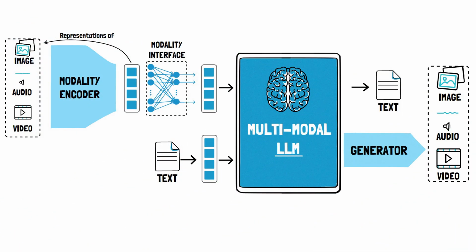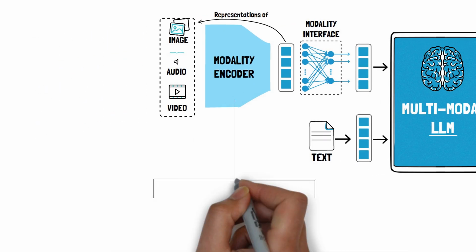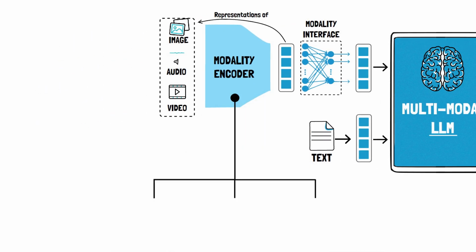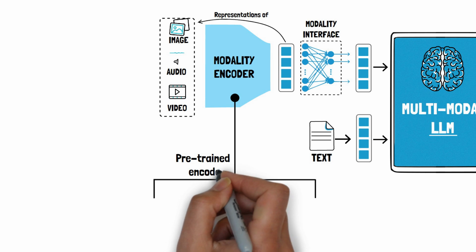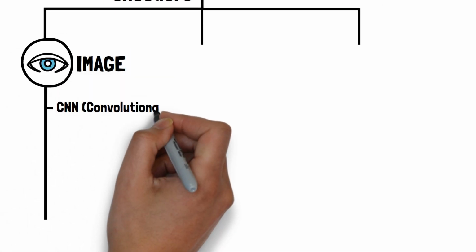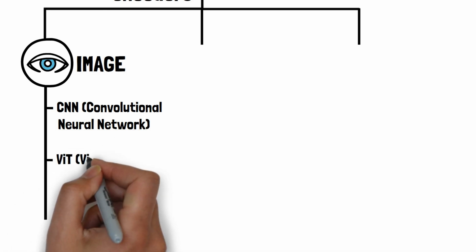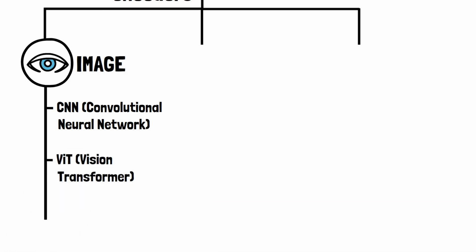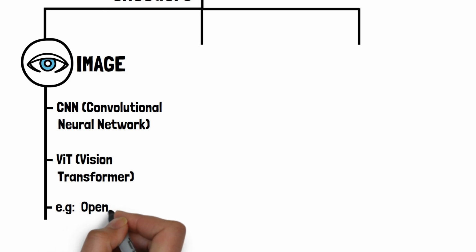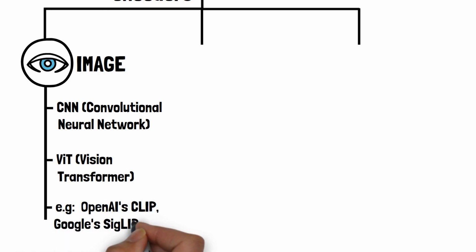When it comes to modality encoders, instead of training them from scratch, we often use pre-trained encoders. Commonly used image encoders are based on convolutional neural networks or vision transformers, which are trained with contrastive methods, such as OpenAI's CLIP and Google's SigLIP.